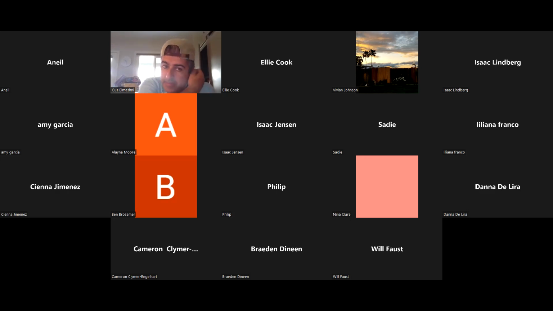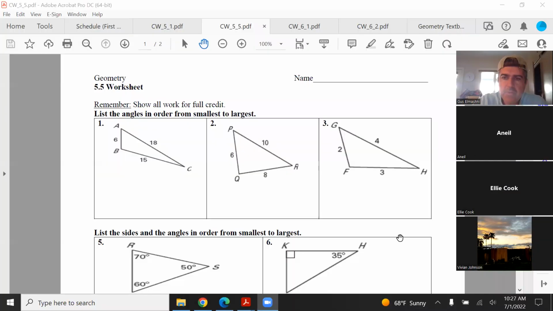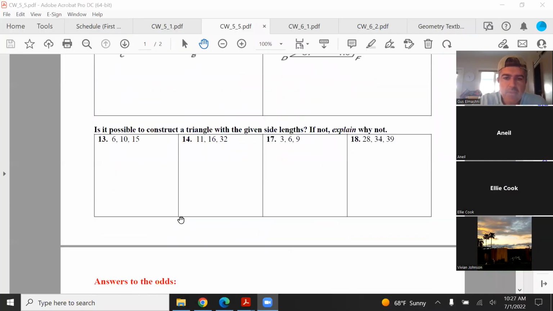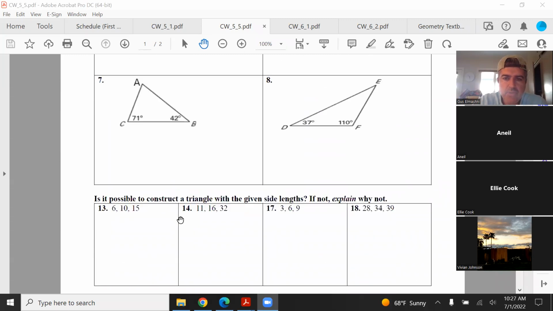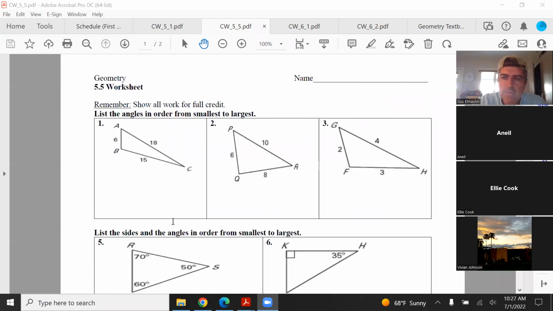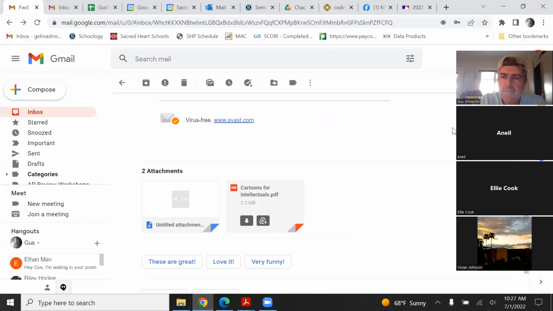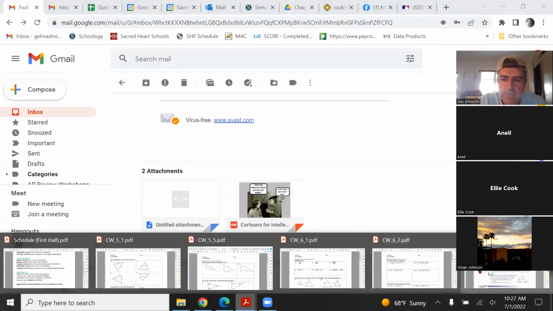So now we're going to talk about 5.5. And this one looks like it's looking at angle side relationships. Let me share my screen. Here we go. Yeah, looks like we're looking at angle side relationships and also something called the triangle inequality theorem. And from the textbook, it's going to correspond.